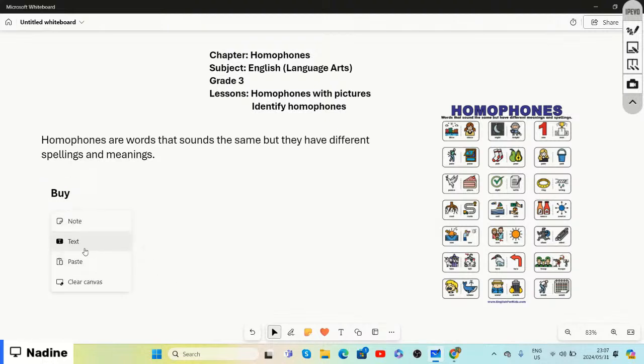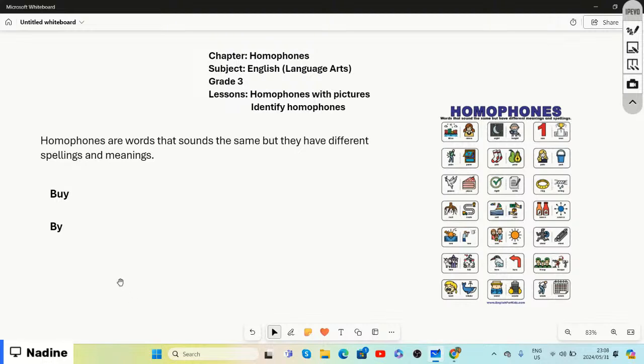Then we have another word, by, which means near. For example, they're sitting by the tree, they're standing by the shop. It's like saying near somewhere or near something.